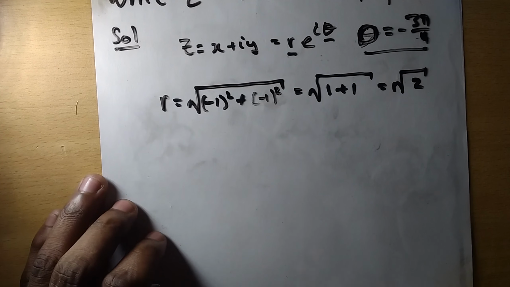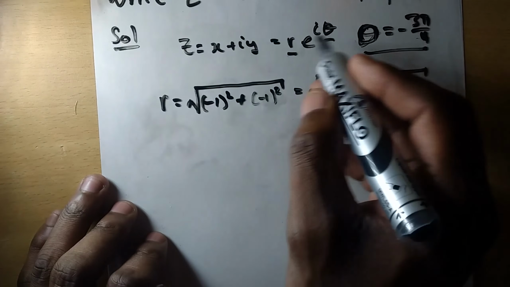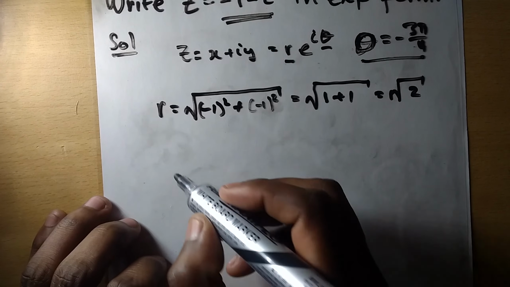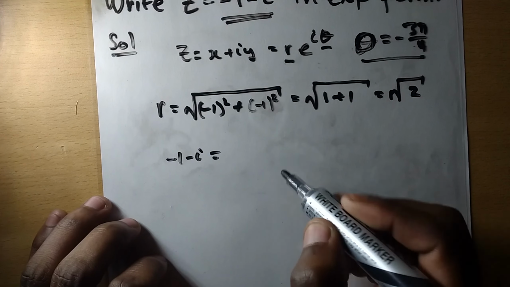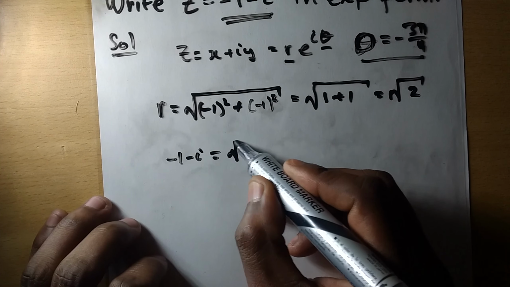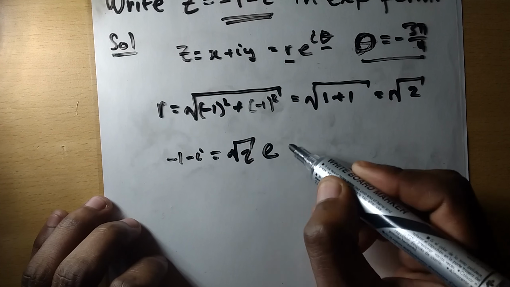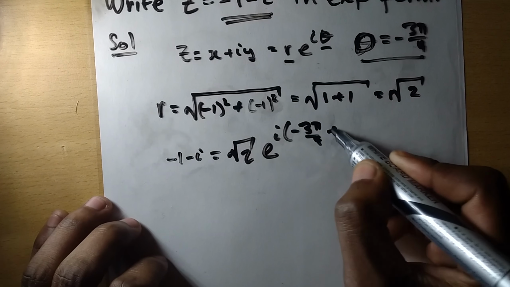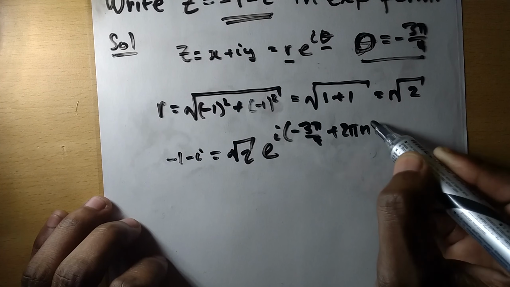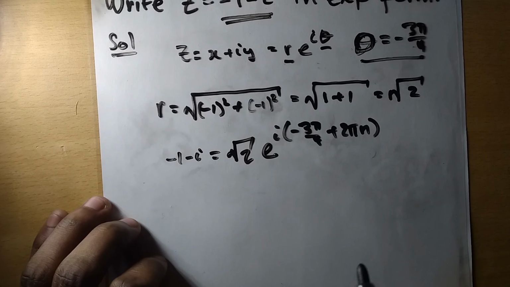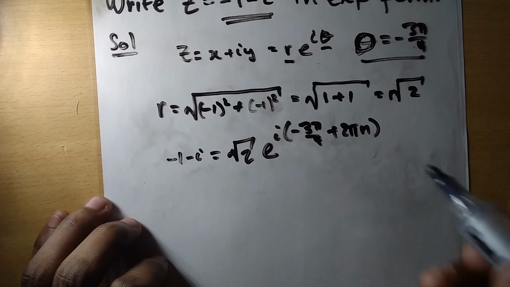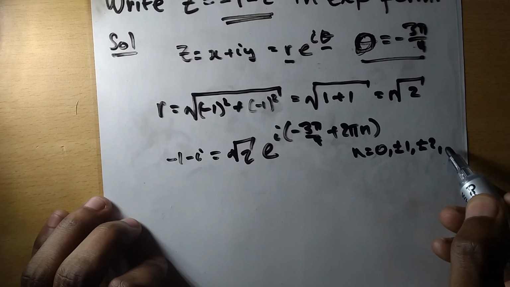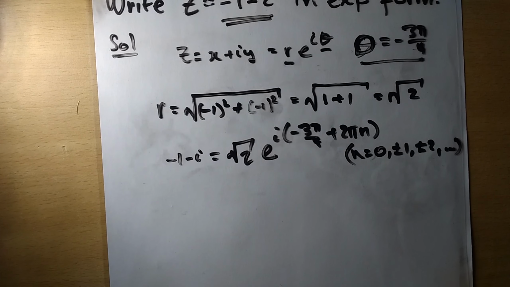When we want to write this in exponential form, we're going to say that minus 1 minus i will be equal to r, which is the square root of 2, e to the i, and theta is going to be minus 3 pi over 4 plus 2 pi n, where that is our argument, not our principal argument, where n is equal to 0, plus or minus 1, plus or minus 2, and so on.